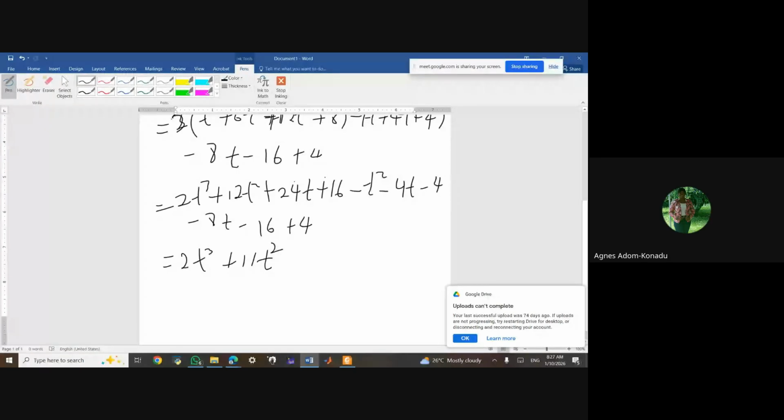It's 11t squared. So I have 24t minus 4t minus 8t. What do I get for that? That would be what? 12t.